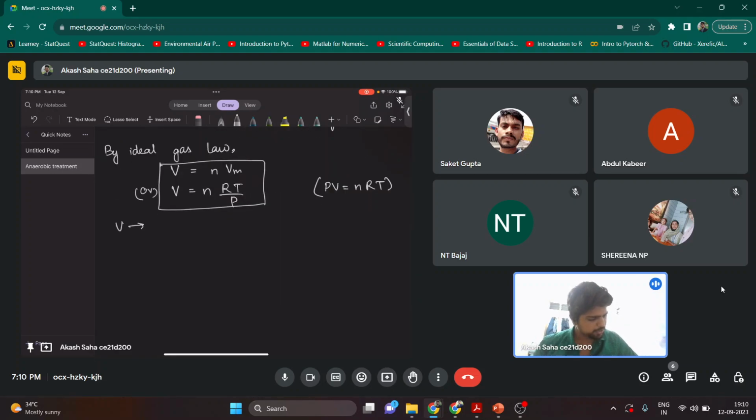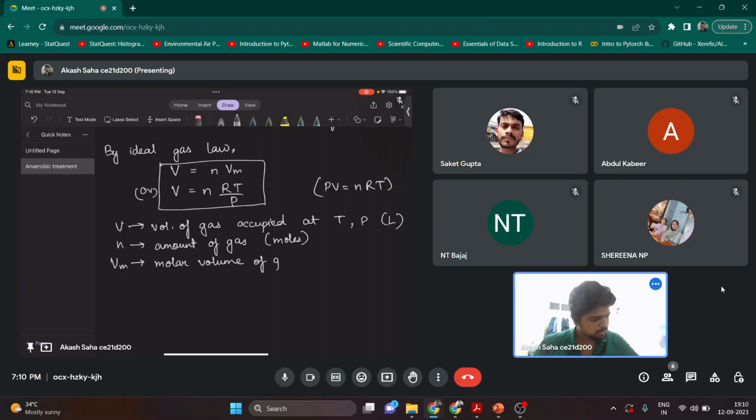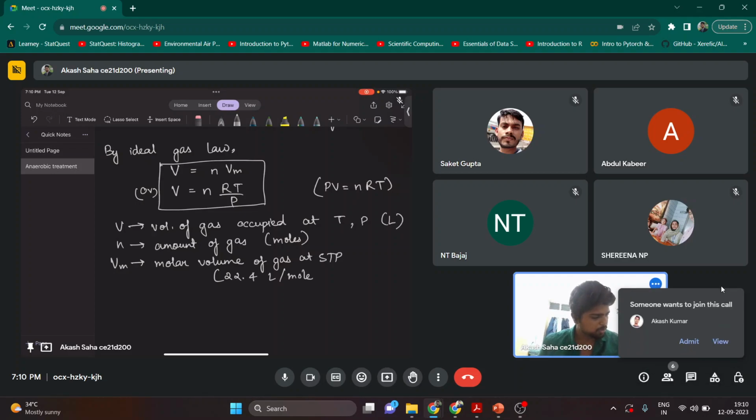Here V denotes the volume of gas occupied at a particular temperature and pressure. It is in liters. n is the amount of gas, which is in moles. Vm is the molar volume of gas at STP, and it is generally 22.4 liter per mole.